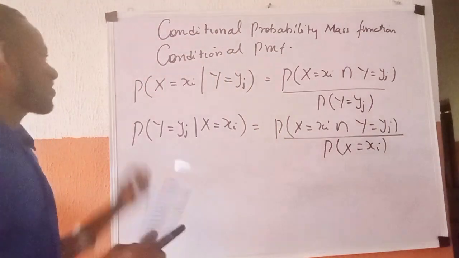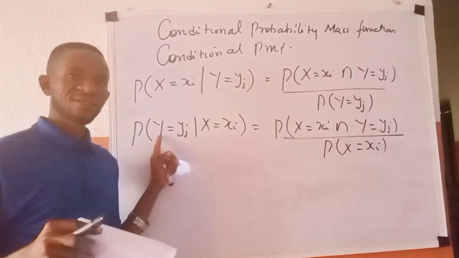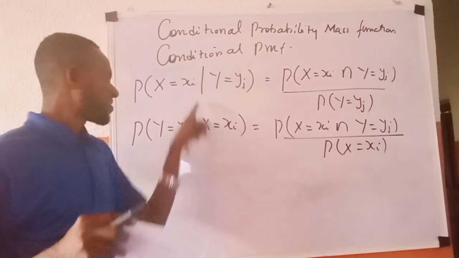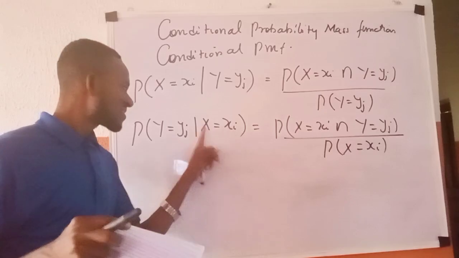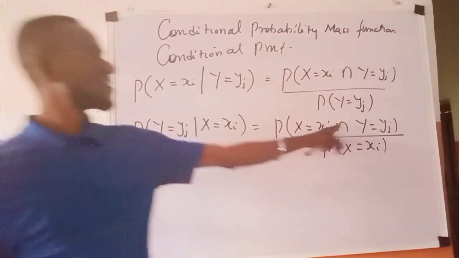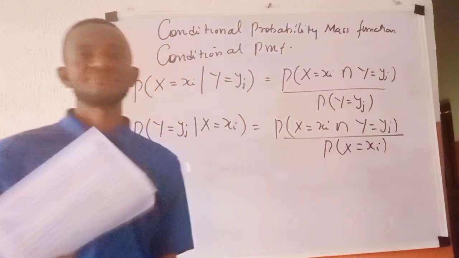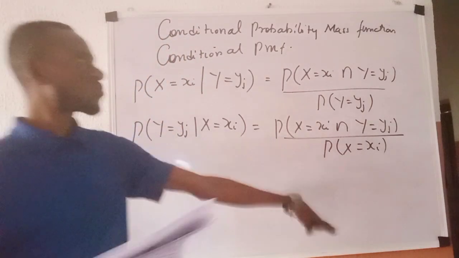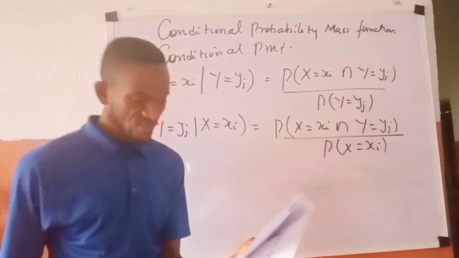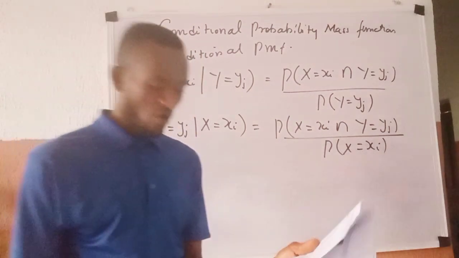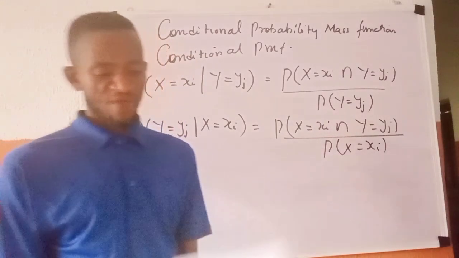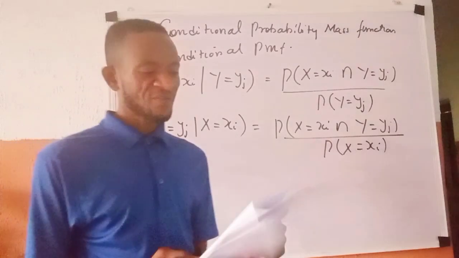That is the conditional probability of Y taking a value yj, given that X already has taken a value xi. Okay? So these are what we call the conditional probabilities. When we begin to apply them, that's when you begin to appreciate them all the more. So we now move over to the next one.